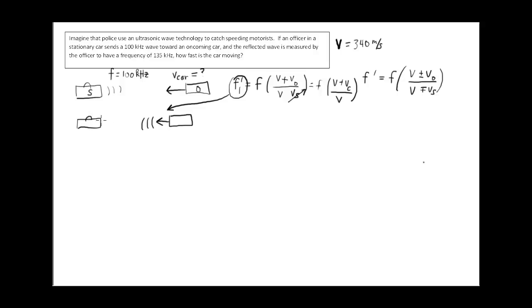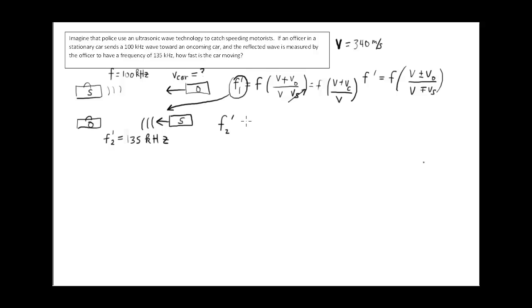And therefore, the car becomes the source, and the officer is the observer. So what we're trying to find, then, is f prime 2. We're trying to find an expression for that. We know what that number is, and that's 135 kilohertz. So I'll write that in, 135 kilohertz. But the initial frequency is the f1 prime that we calculated in the first part. So let me go ahead and write this down.